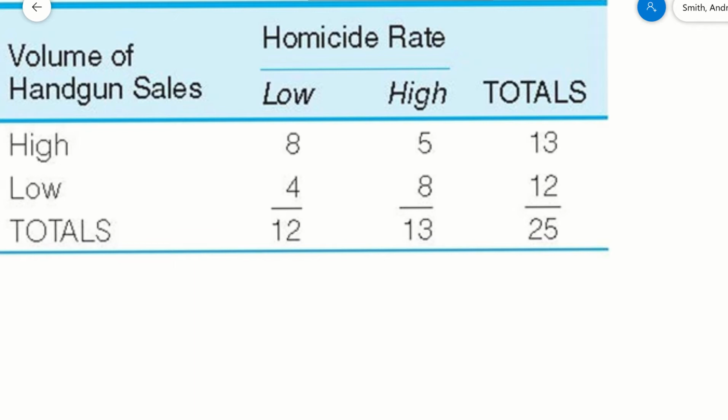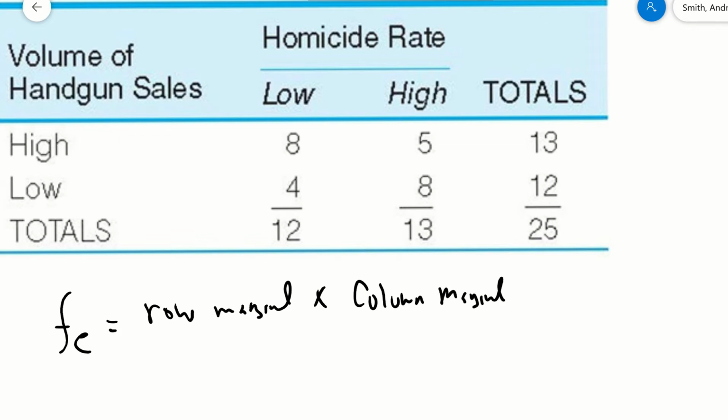But before we can do that, we have to find the F expected, right? And the F expected is simply this formula here, right? F expected is equal to row marginal times column marginal divided by n, right?